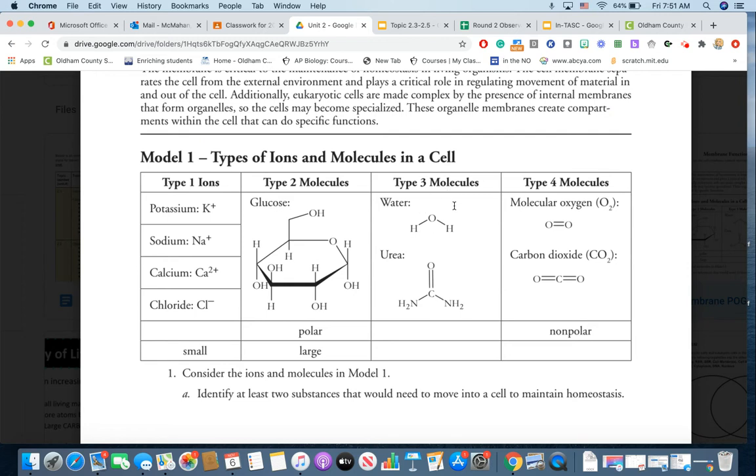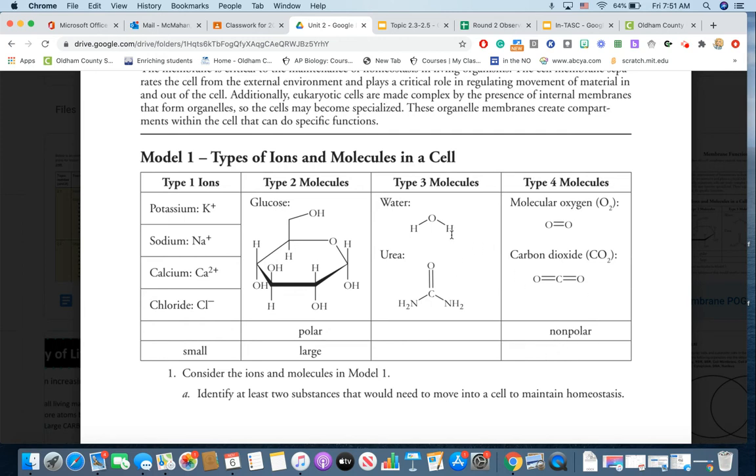So type 3 molecules, water and urea. Water, we know, is polar. So you should have written polar right here. And based on the size, if this is large, these polar molecules are much smaller. So small should be written in this other blank box. Type 4 molecules are nonpolar and they are also small.